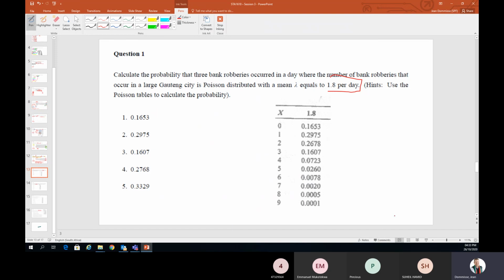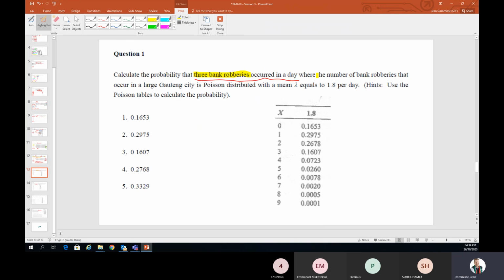Okay, so let's see what they are asking us in this one. Calculate the probability that 3 bank robberies occurred in a day.